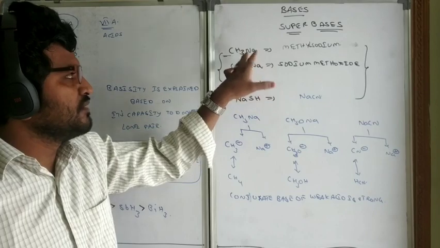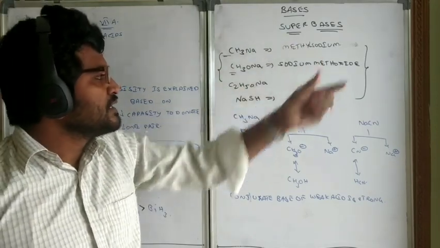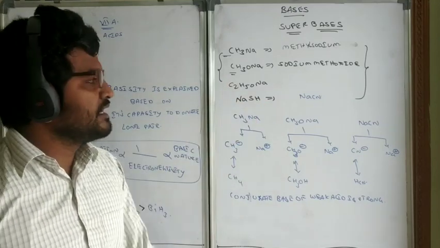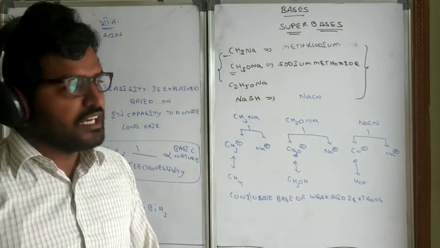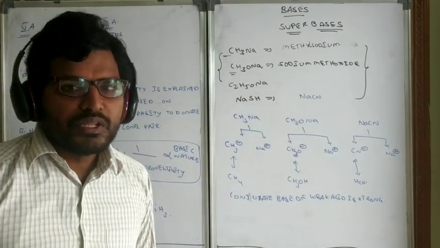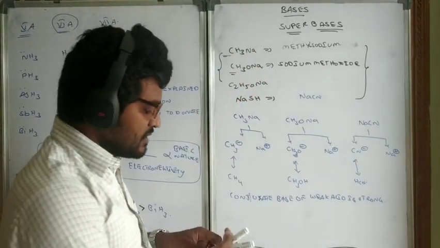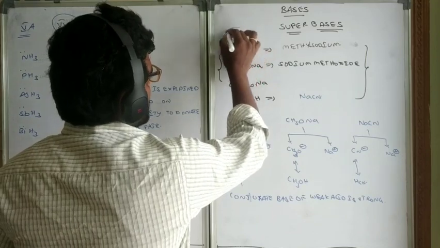The best examples for super bases are alkyl sodiums, sodium methoxide, sodium ethoxide, sodium hydrogen sulfide, and sodium cyanide. Alkyl lithiums are also there, like CH3Li, methyl lithium.